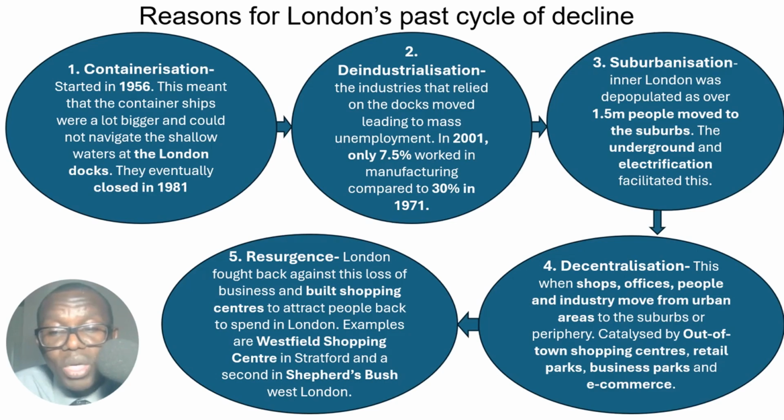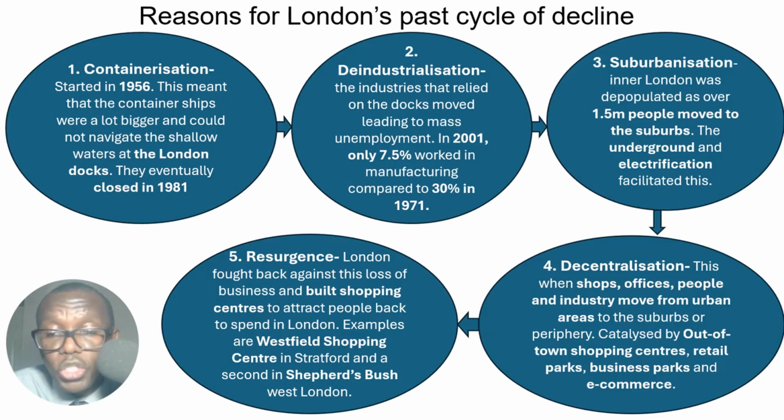This was facilitated by the electrification of the underground. People could now live not outside London, but in the suburbs, and still be able to commute to work. And this obviously depopulated London. Then the next thing we are looking at here is decentralization.